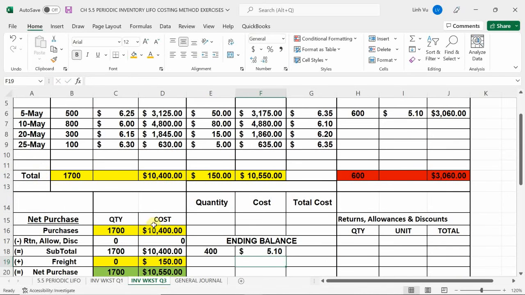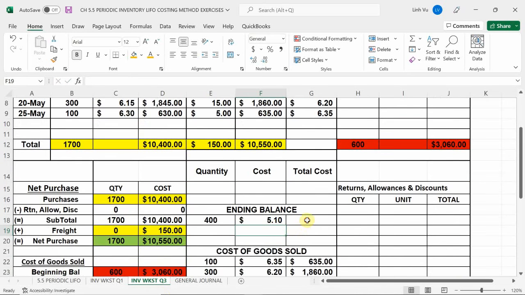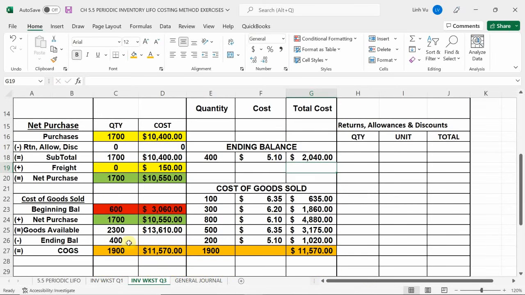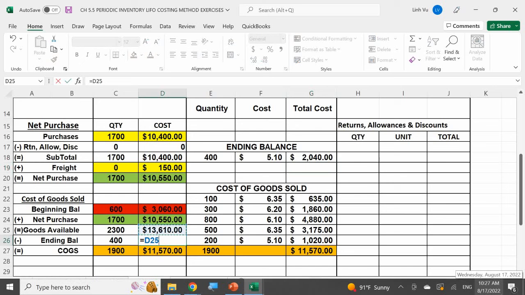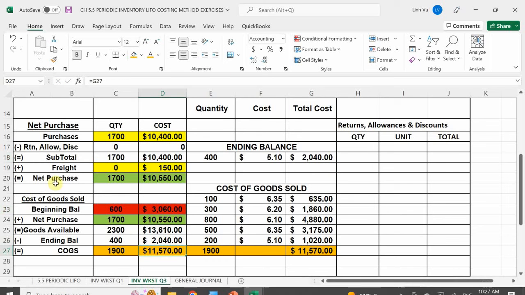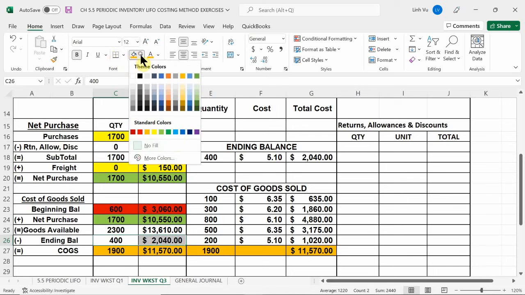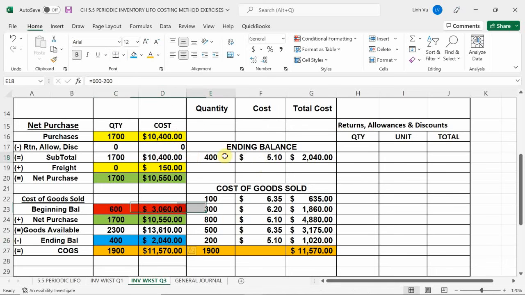So that's going to give me a grand total of 2,040. And I'll be able to also solve that by taking my goods available minus my cost of goods sold, and I get the same exact answer. So once again, this is blue to recognize where my ending inventory comes from.